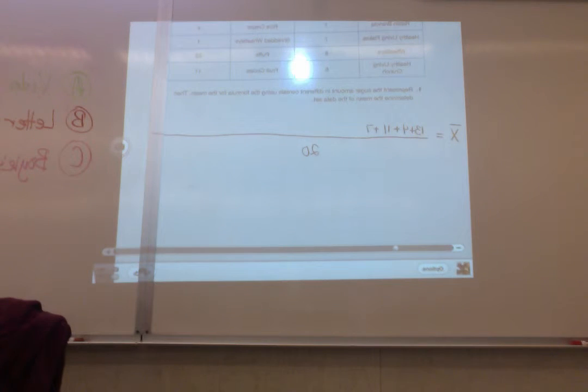On both sides? Yes. Both columns. Could you continue right here? Yeah, you may have to write small. You may have to continue down.